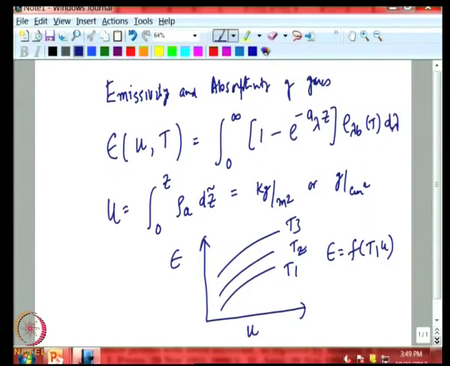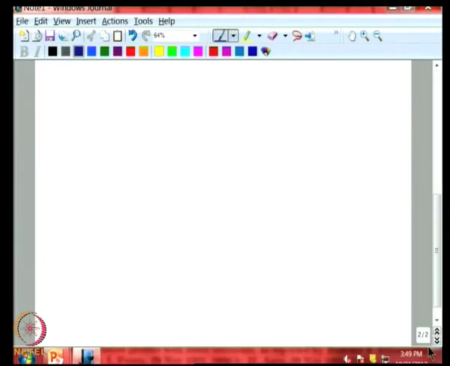Now, let us see how we convert the problem which we had earlier defined in terms of absorption coefficient to one in terms of emissivity.